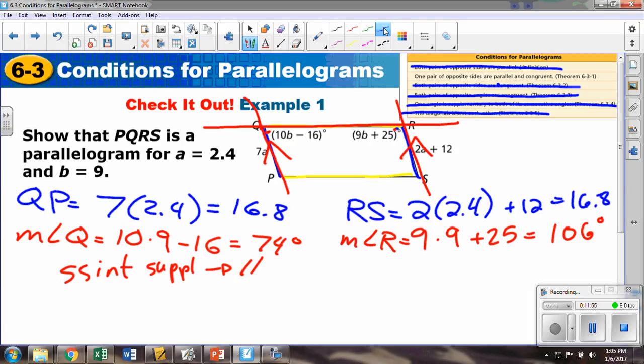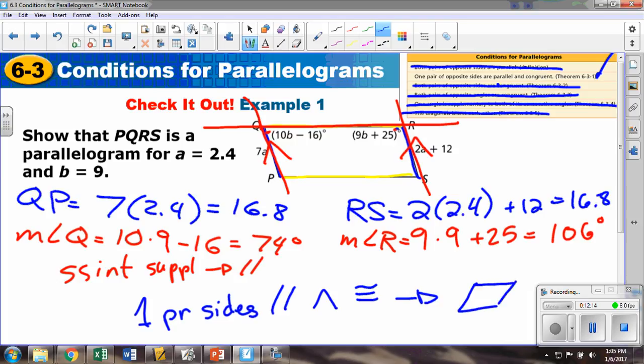And now we've finished exactly what we needed there. We have one pair of sides that's parallel and congruent. That forces this to be a parallelogram. Done.